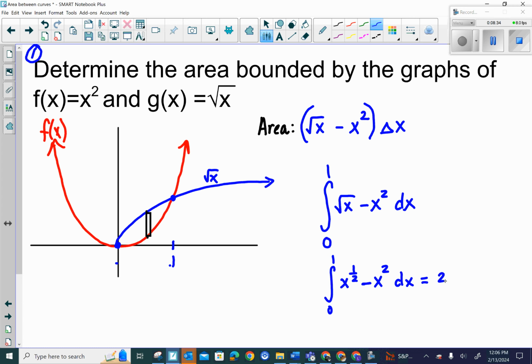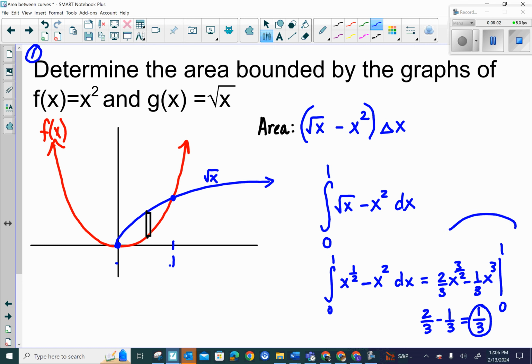So this would be, what, 2/3 x to the 3/2 minus 1/3 x to the 3rd from 0 to 1. And that would be 2/3 minus 1/3, and then evaluating that at 0, we lose that, so that's 1/3. Hope I didn't make a mistake there. Looks good to me right now.